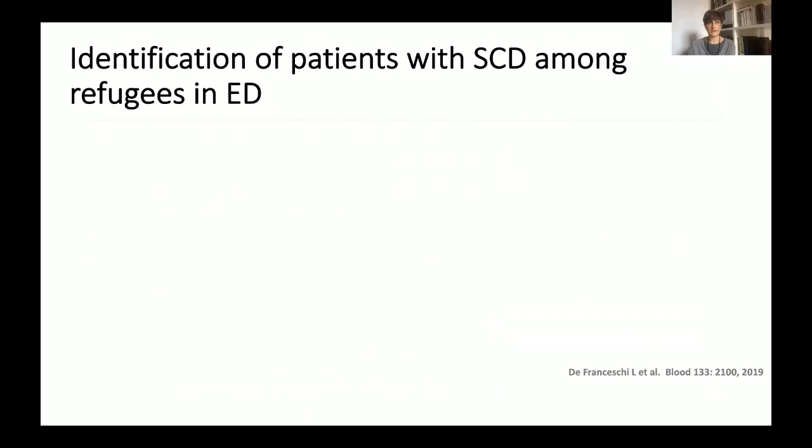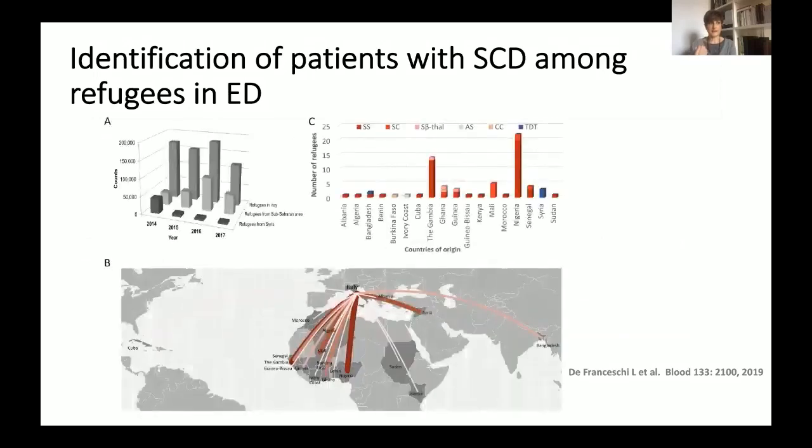So how do we treat a patient, and which patients is it important to identify early? Since Europe is one of the areas right now receiving the fluxes of refugees coming from endemic areas for sickle cell disease, one very important thing is to consider the possibility of identifying refugees with sickle cell disease when they arrive at the emergency department.